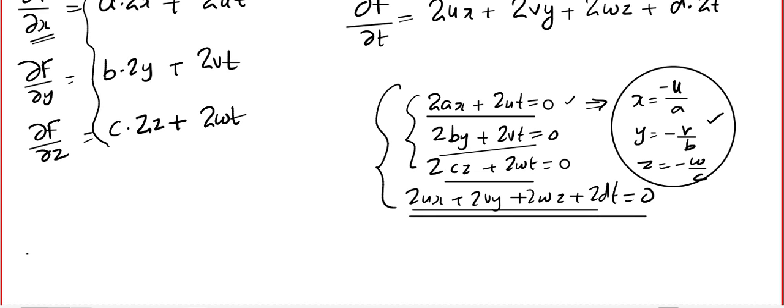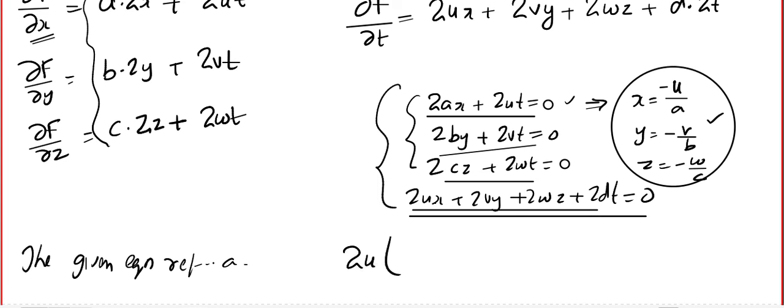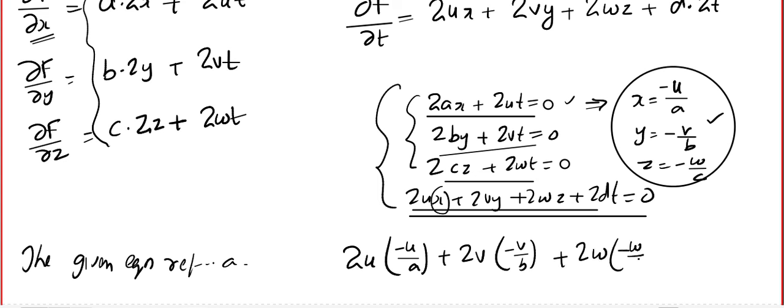So I am going to write the given equation represents a cone if 2u, and what should I do instead of x? Minus u by a, plus 2v minus v by b, plus 2w minus w by c, plus 2d.